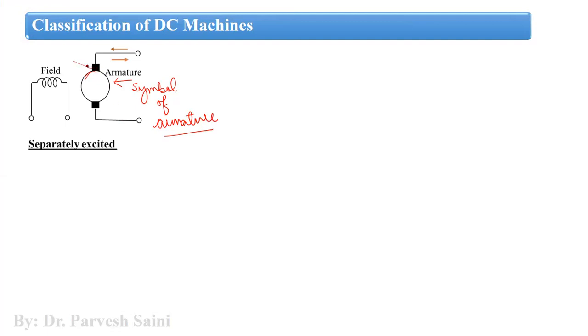These two are the brushes, and these are the terminals. This is the field winding. Now, if the field winding is connected to some other source, let us say this is the field voltage and this is some field current IF.